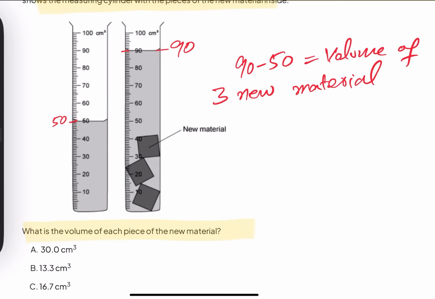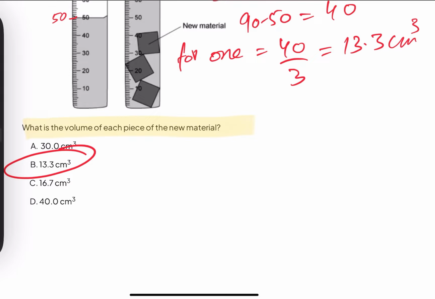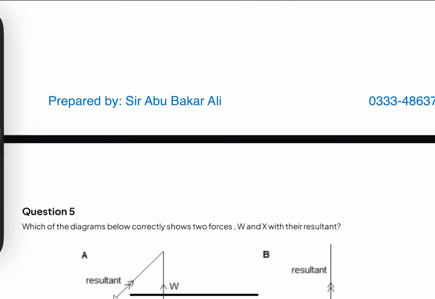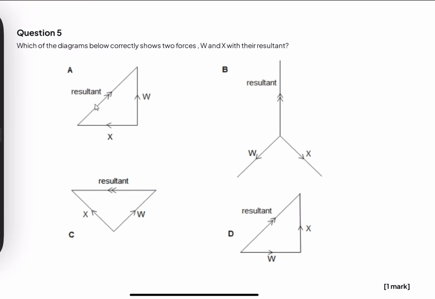Okay, and all have the same volume, so identical volume, which means 90 minus 50 gives us 40. 40 for 3, and for 1 it will be 40 divided by 3, that will give you 13.3 centimeter cubed. 13.3 is option B.